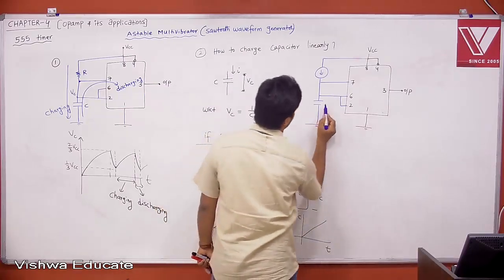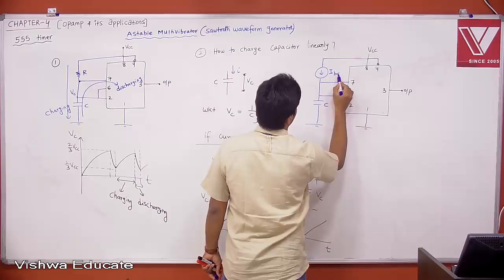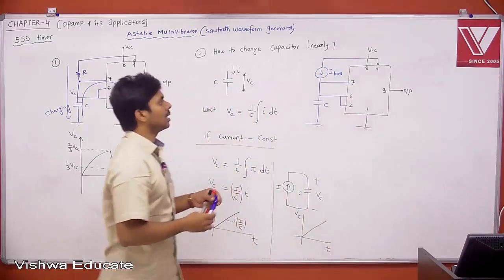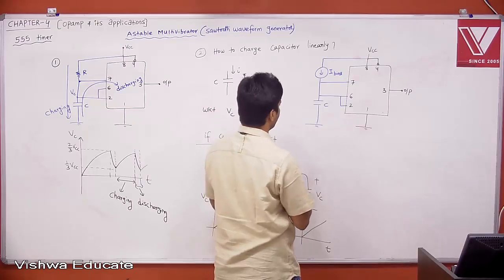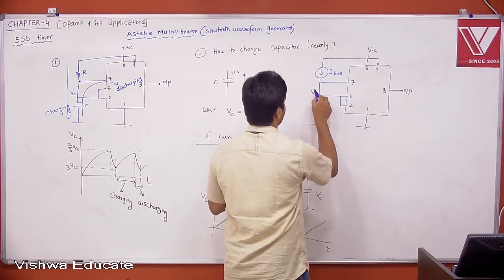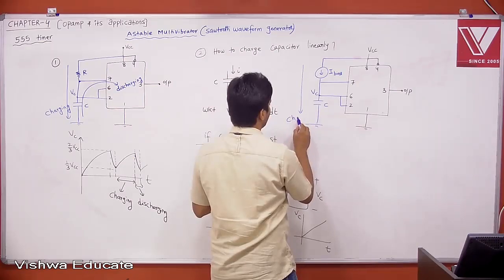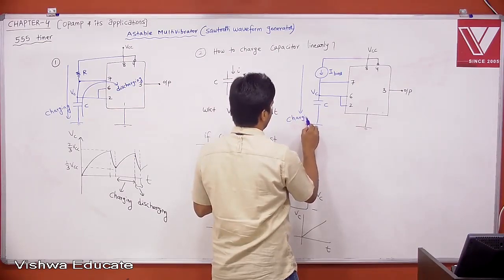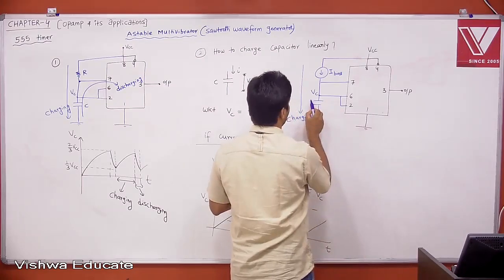Therefore now your capacitor is charging through a constant current, you can call it I bias, some bias current. Now tell me what is the voltage across the capacitor now. This is VC. This is the charging path. And where is the discharge path?